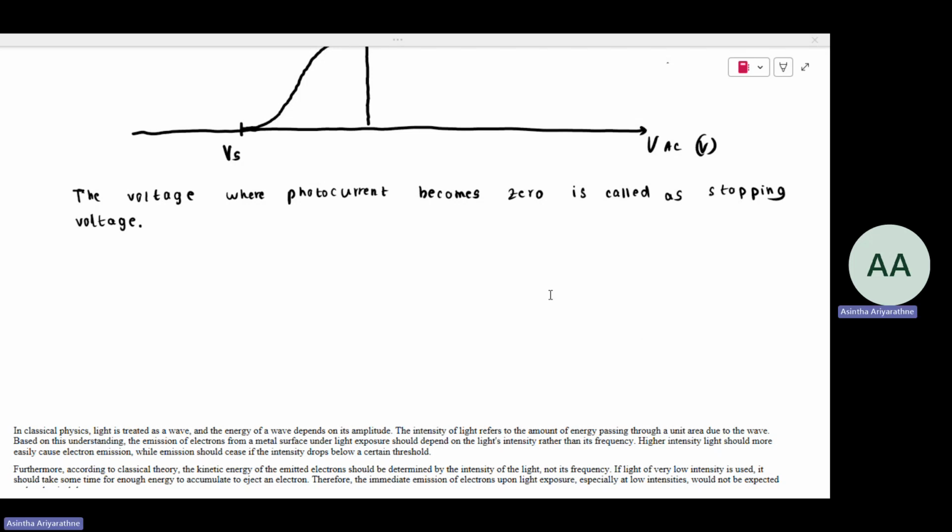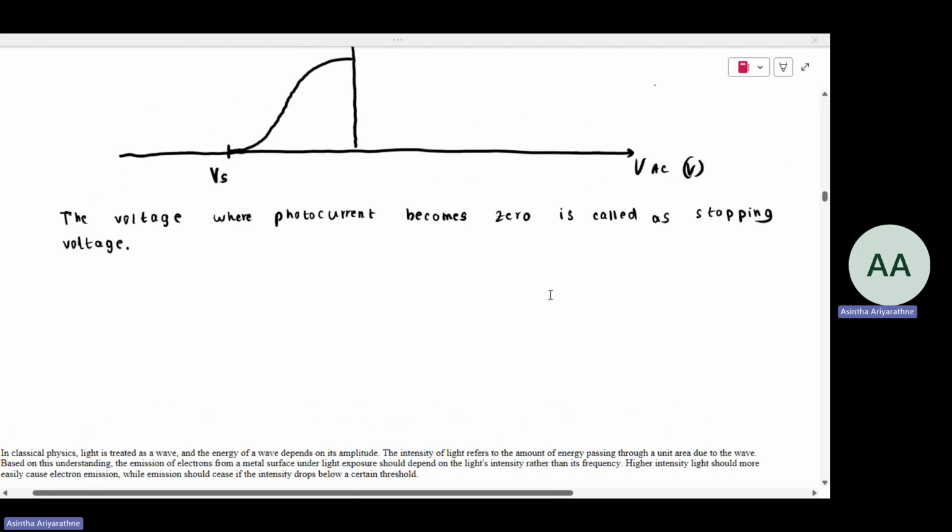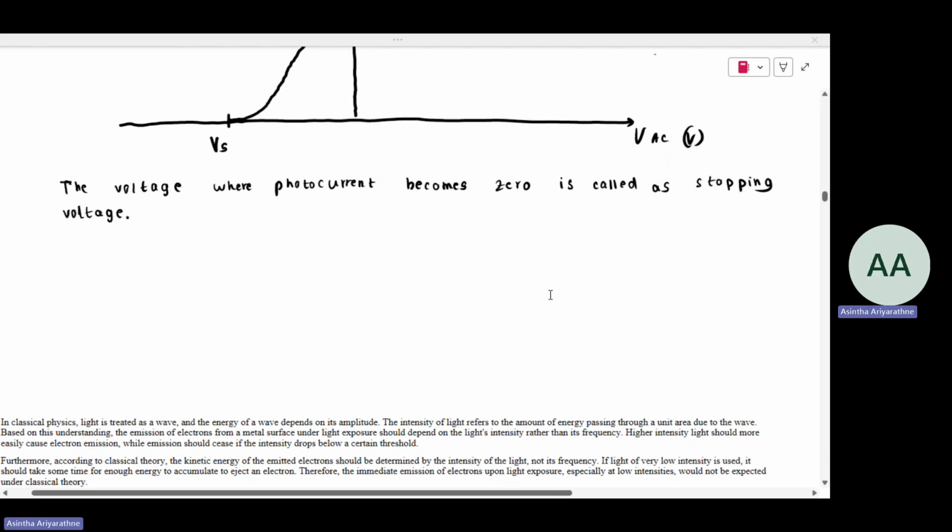Now zero is called the stopping voltage.